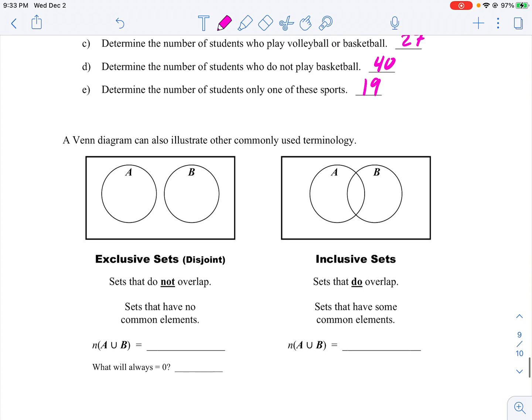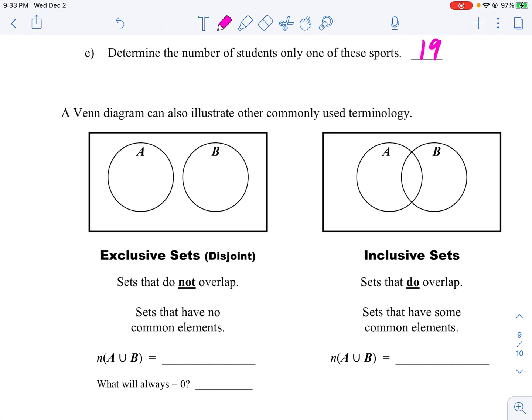The last couple pieces of terminology we're going to talk about is the disjoint sets. So these are sets that don't overlap. So this could be like numbers that are divisible by 3 and numbers that are divisible by 2. And then the universal set is numbers that are between 1 and 10.